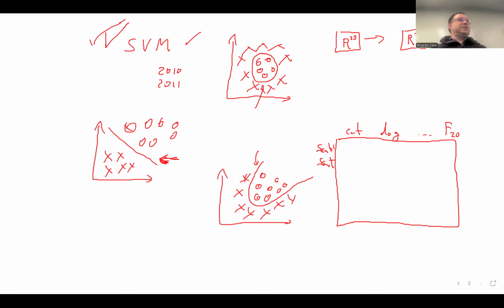Well, support vector machines does almost the exact same trick, but in the opposite direction. Now the support vector machine says, okay, I'm in R20, but in R20 I cannot fit a simple model that separates the data, which is the easiest thing I can do, because the data looks like this or like that, so I need something like a neural network, very complicated stuff, to build a classifier that works.